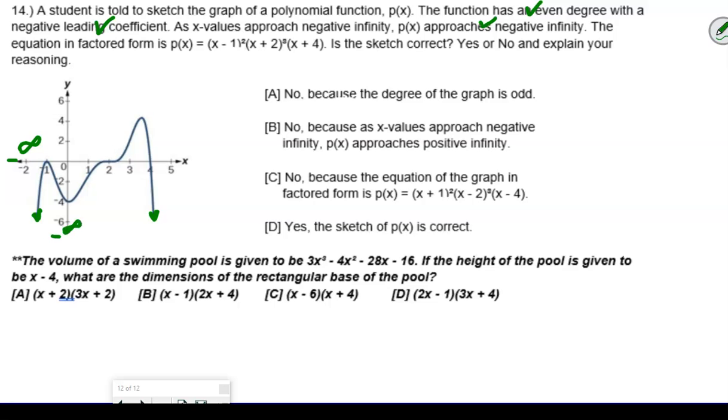And then the equation in factored form is P of x is equal to x minus 1 squared. Okay, so shouldn't this be x plus 1 squared, y'all? This should be x minus 2 to the third, and this one should be x minus 4 to the first, right, y'all?